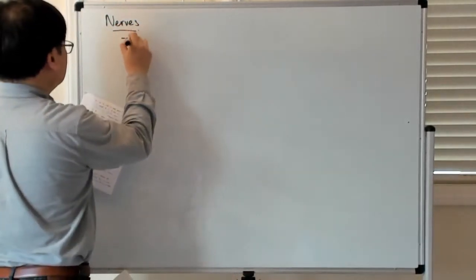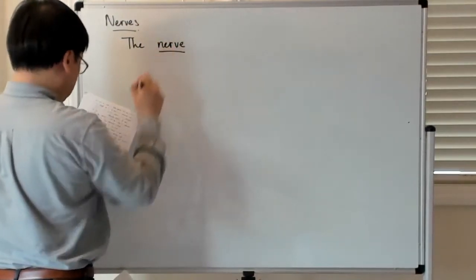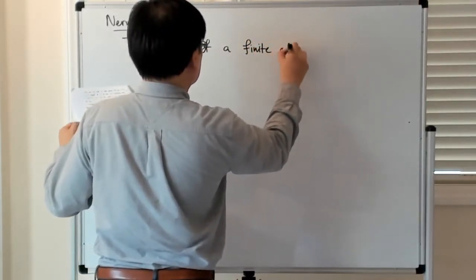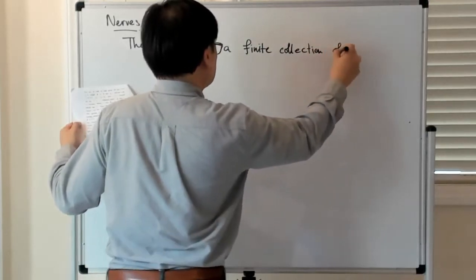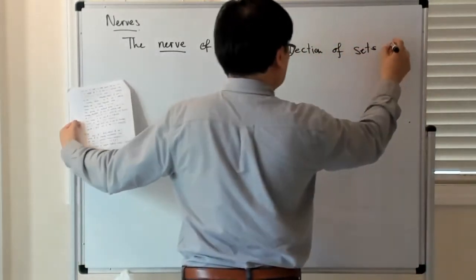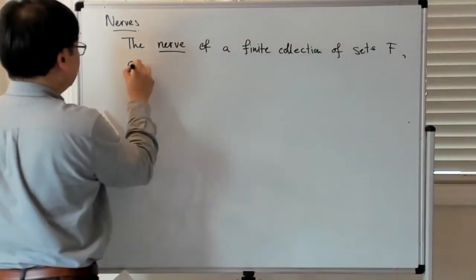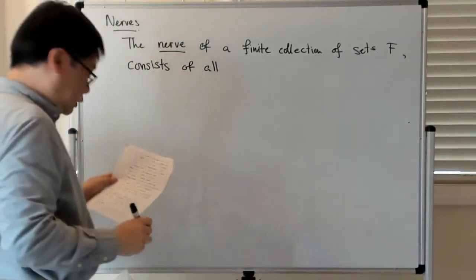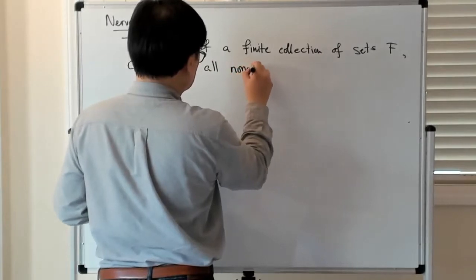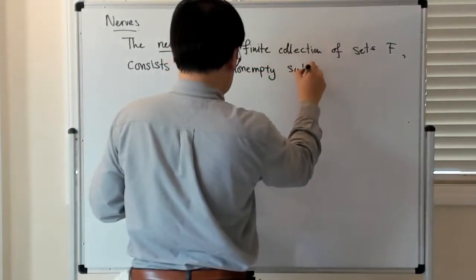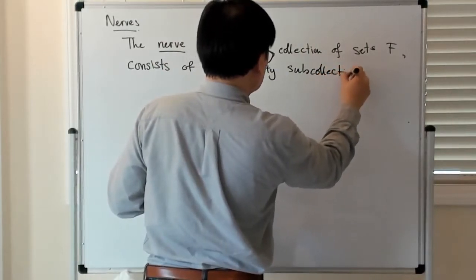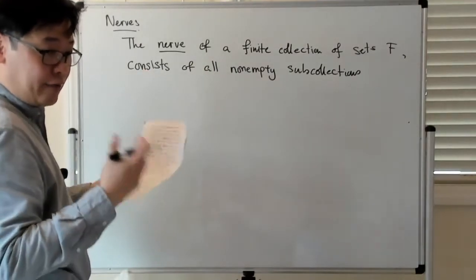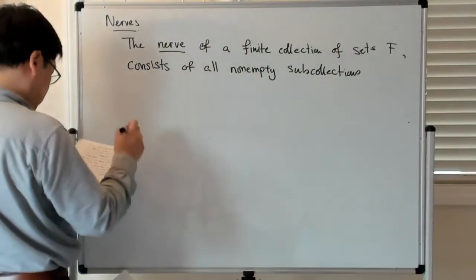Okay, so the nerve of a finite collection of sets, let's call that collection of sets F, consists of all non-empty subcollections where the sets in the subcollection have a non-trivial common intersection.